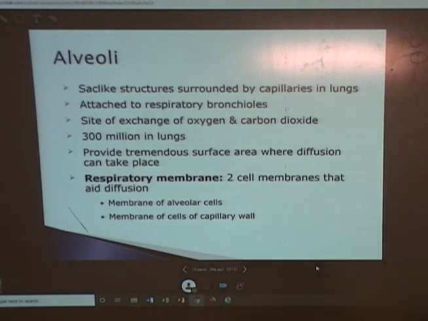They reckon that there's about 300 million alveoli in the lungs on average. And so there's this huge surface area between the capillary and the alveolus to perform this gas exchange, so that diffusion can take place there.